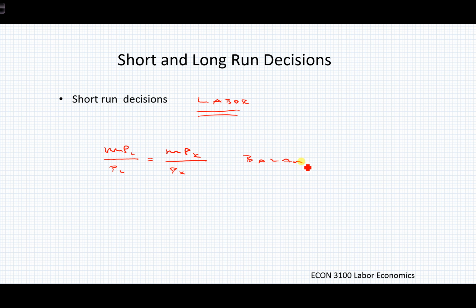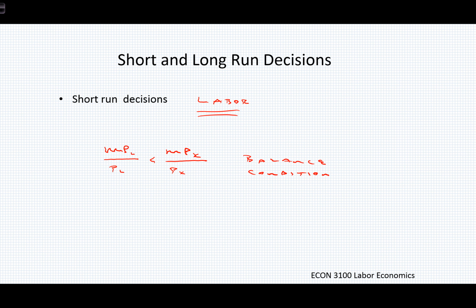With that balance condition having been met, then we know that we're using our capital efficiently, we know that we're using our labor efficiently. But what happens if instead of this being equal, the marginal product of labor divided by the price of labor is less than the marginal product of capital divided by the price of capital?